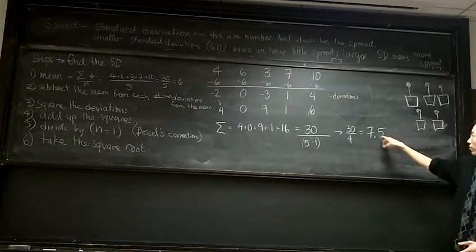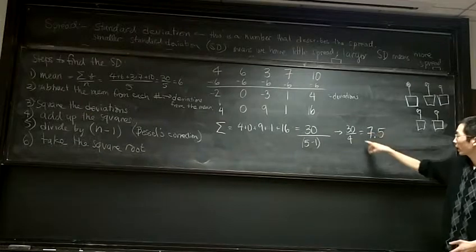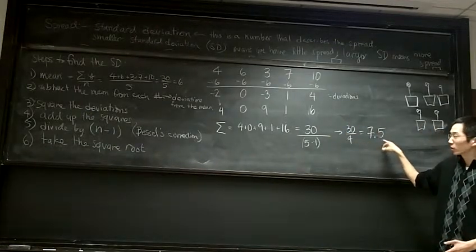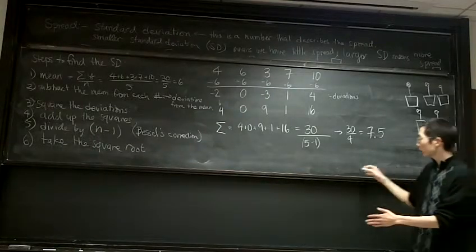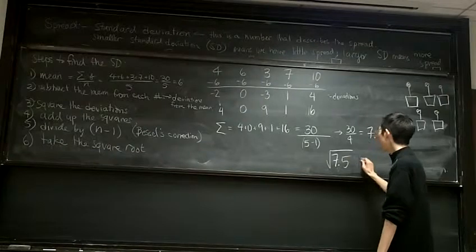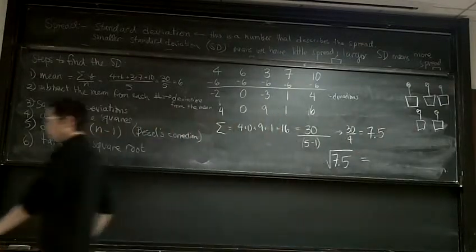Okay. So 7.5 is what we have. This is the sum of our squares divided by n minus 1 gives us 7.5, and so the last step is we take the square root of 7.5, and this gives us our standard deviation.